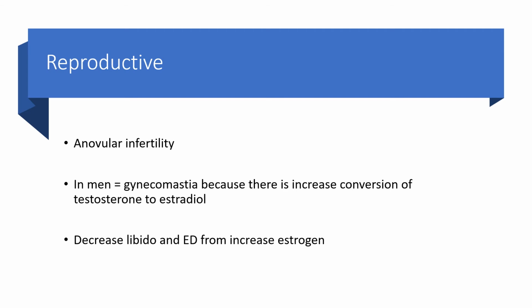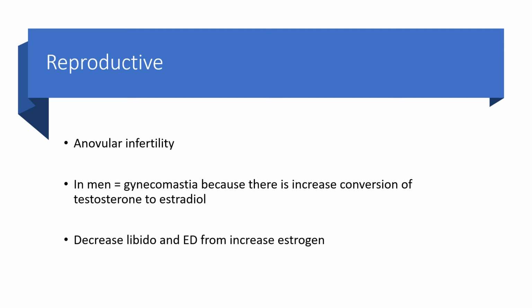Reproductive system. In females, we could be dealing with anovular infertility. The individual is menstruating every month, but there's no release of oocytes. In men, we might be dealing with gynecomastia. Why that?